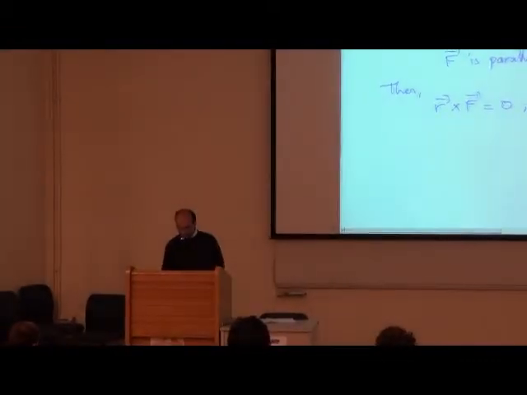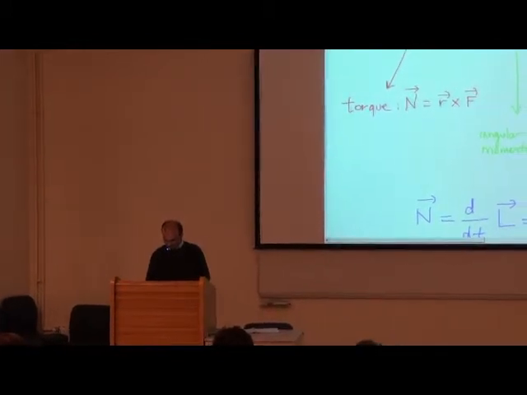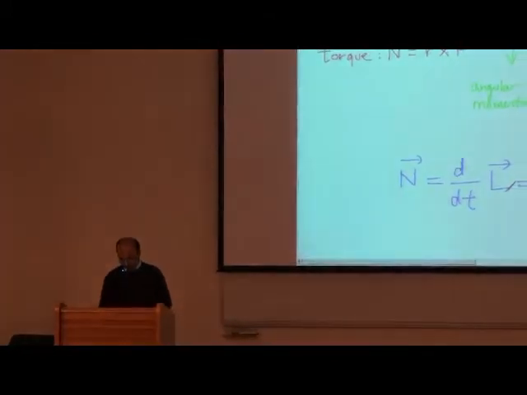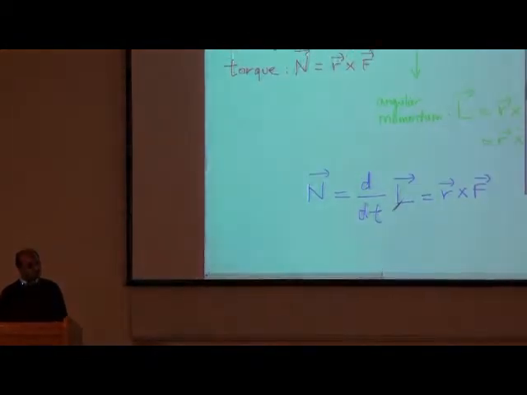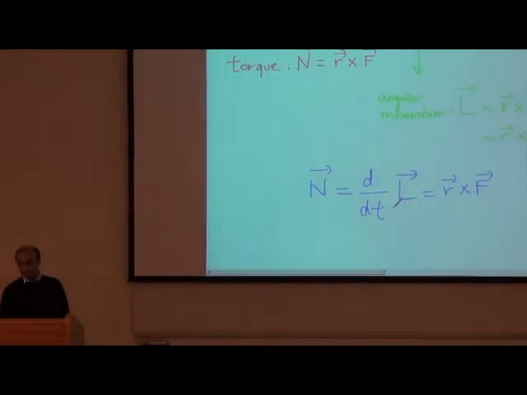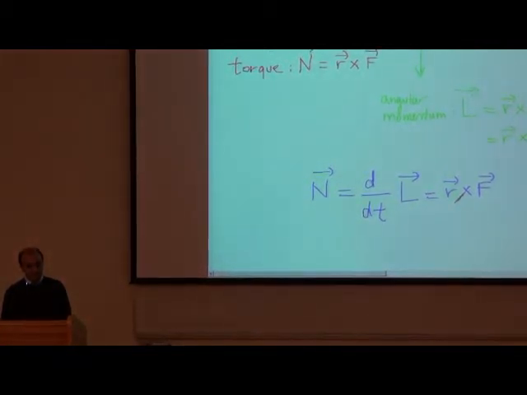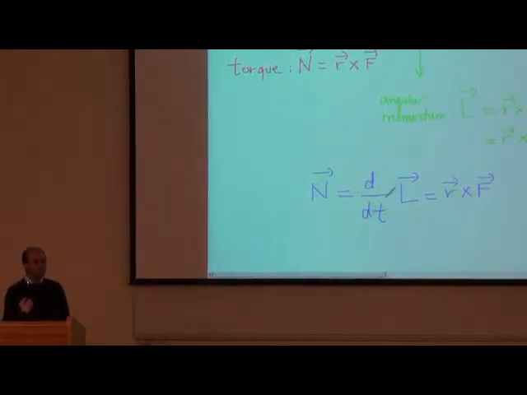Now remember that R cross F, we have right down here, is the time derivative of the angular momentum vector. For a central force, R cross F is 0. That means the time derivative of angular momentum should also be 0.